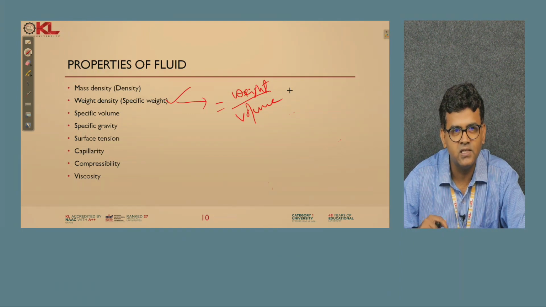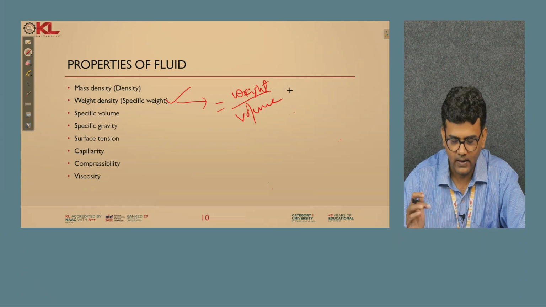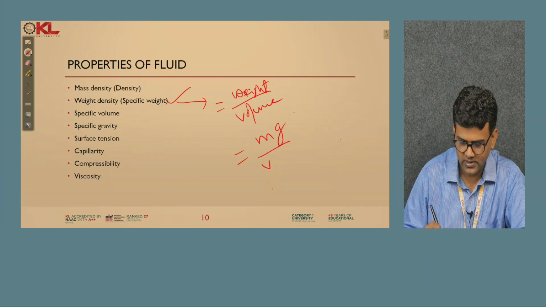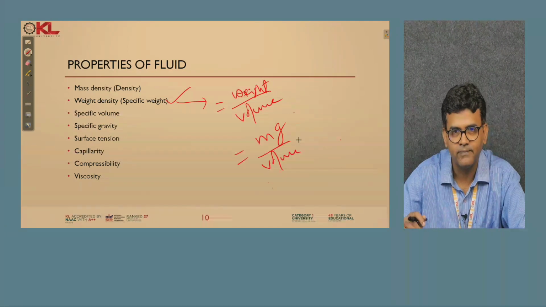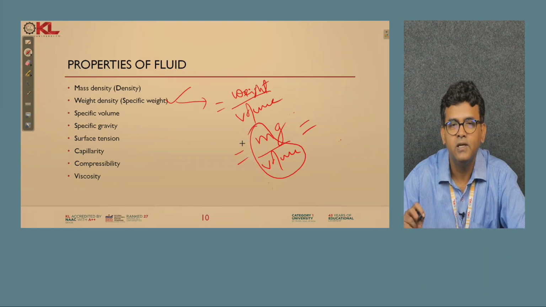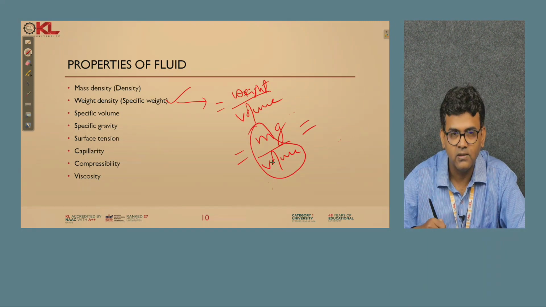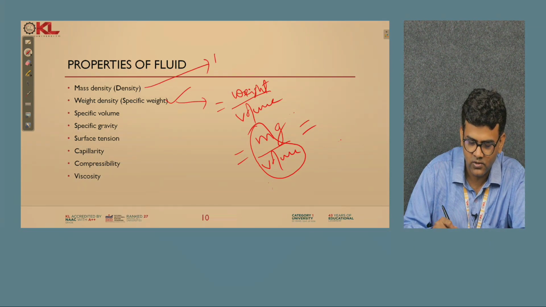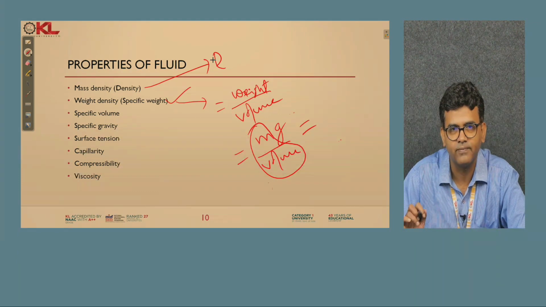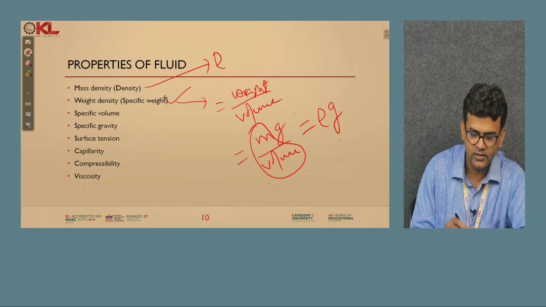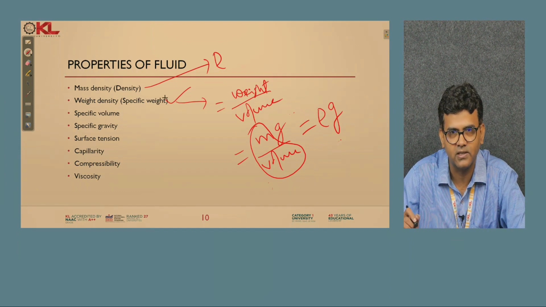In the previous case it is the mass per unit volume; in this case it is the weight per unit volume. Weight can be written as mass into g, divided by the volume. So mass upon volume can be written as mass density, or density, simply represented by the term rho.